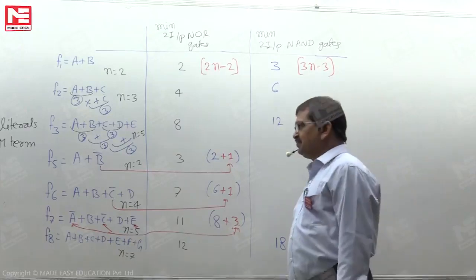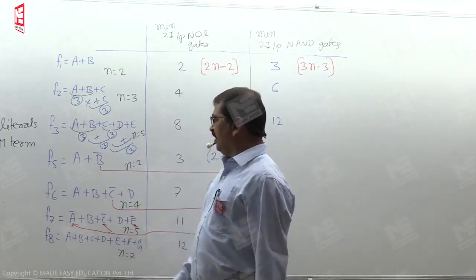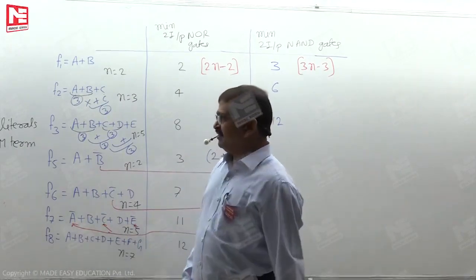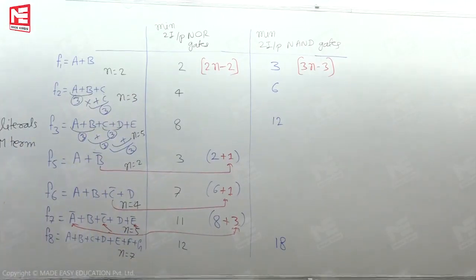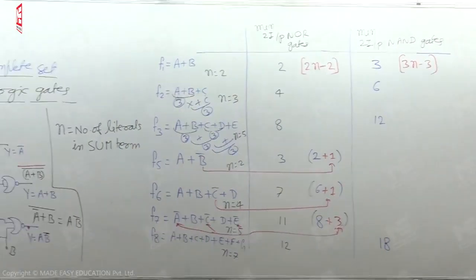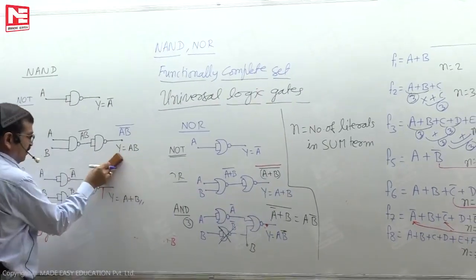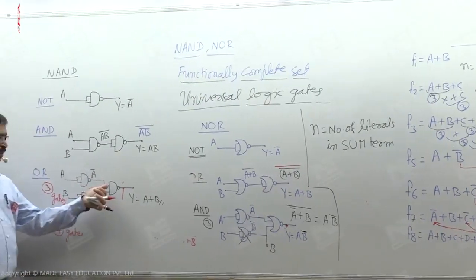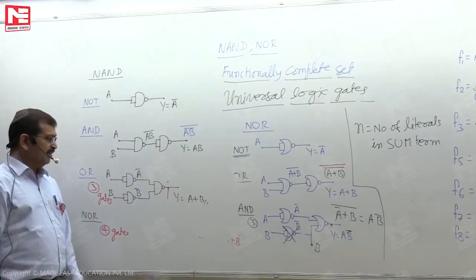For clarity, let us speak F5 clearly: A or B complement, by using NAND gates. If you want the variable without complement, then before sending the variable to the last NAND gate, it is to be complemented.